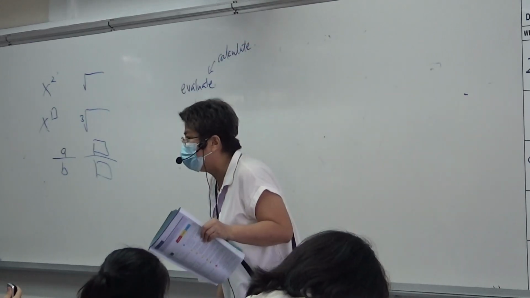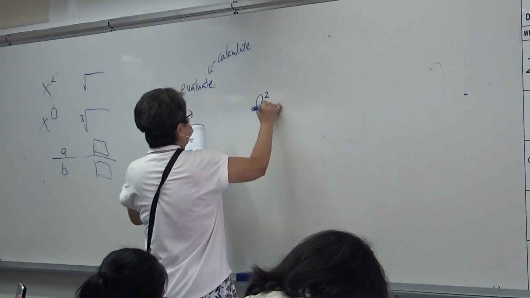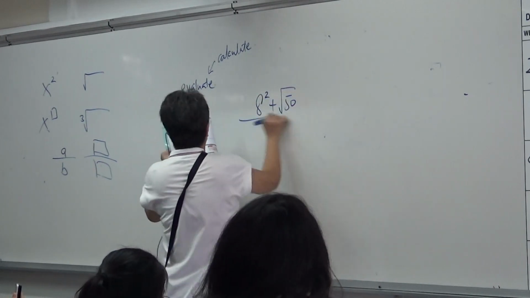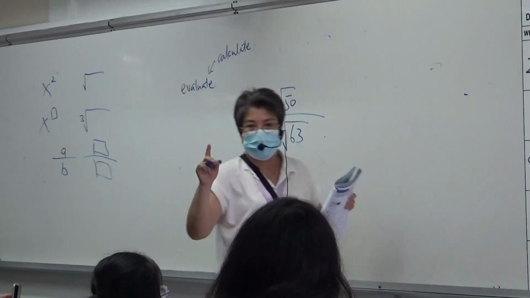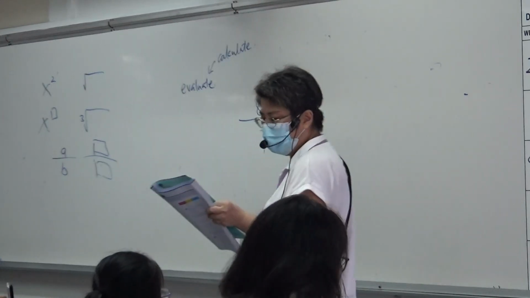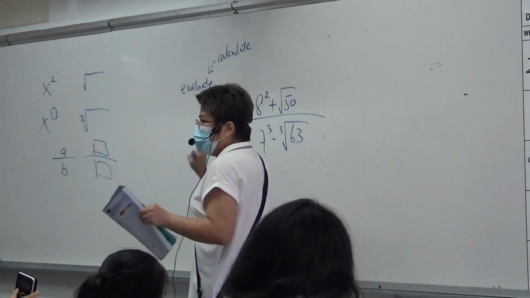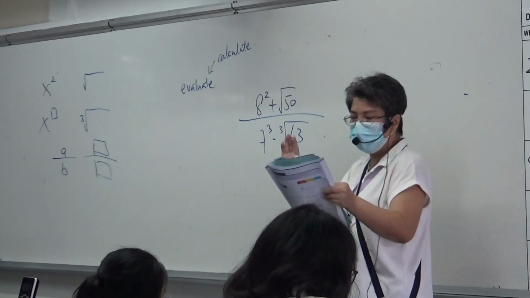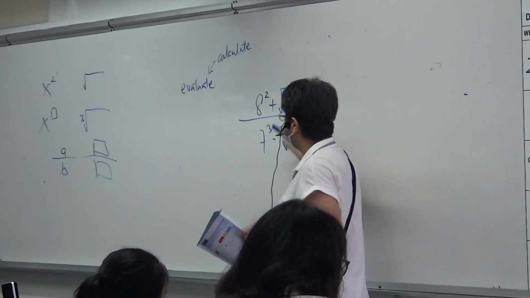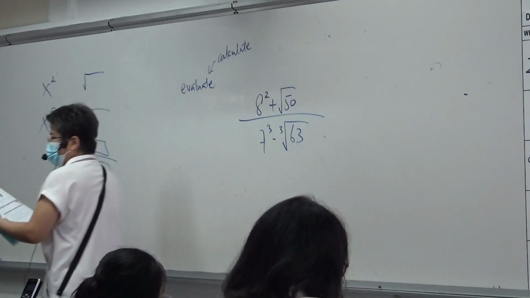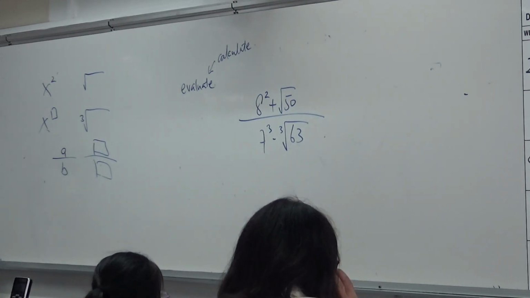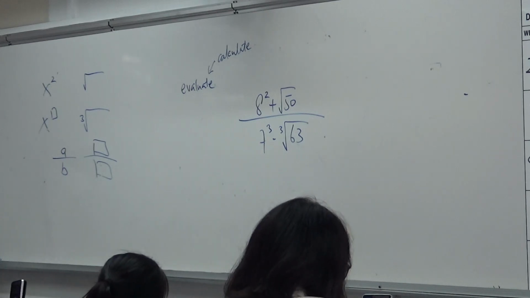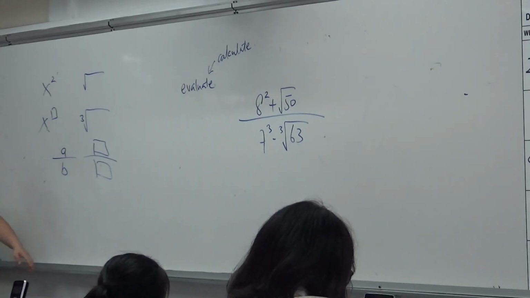Now, 8 squared plus square root 50 over 7 cubed minus cube root 62. All of you use your calculator. No need to follow the sequence of the calculator. No need to put open bracket. Just put numerator, denominator. Your calculator has a function. Then the question says, correct to 4 decimal places. I want you to give me the whole string of numbers.